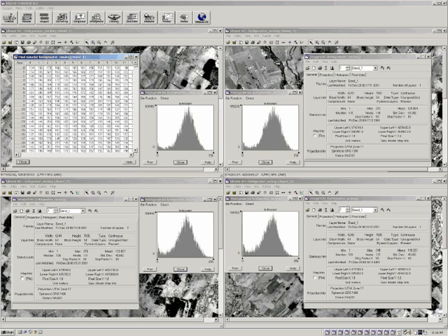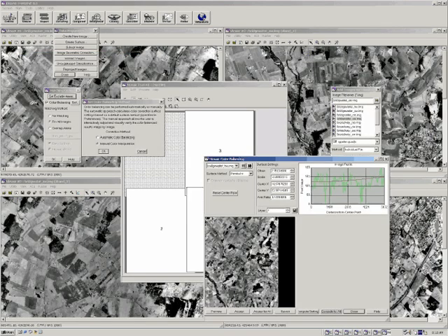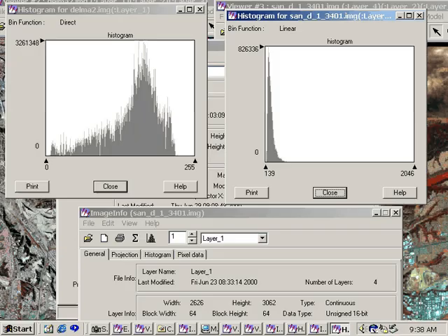Mosaicing several large files can often illustrate minor reflectance differences between and among separate images input into the process. Histogram matching provides the capabilities to balance reflectance values between and among individual image tiles.